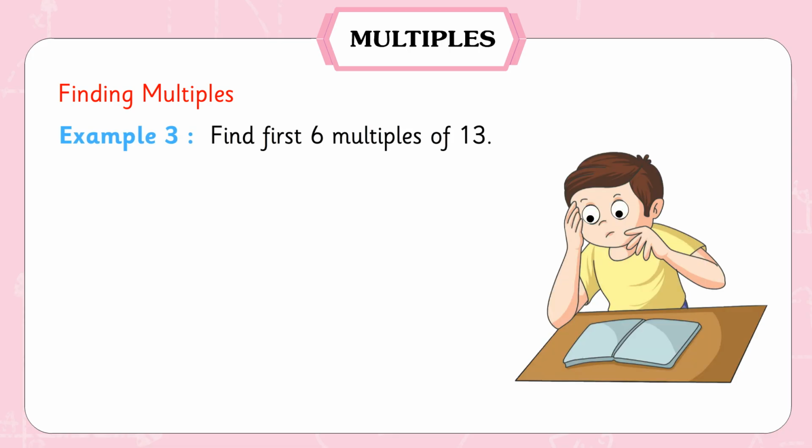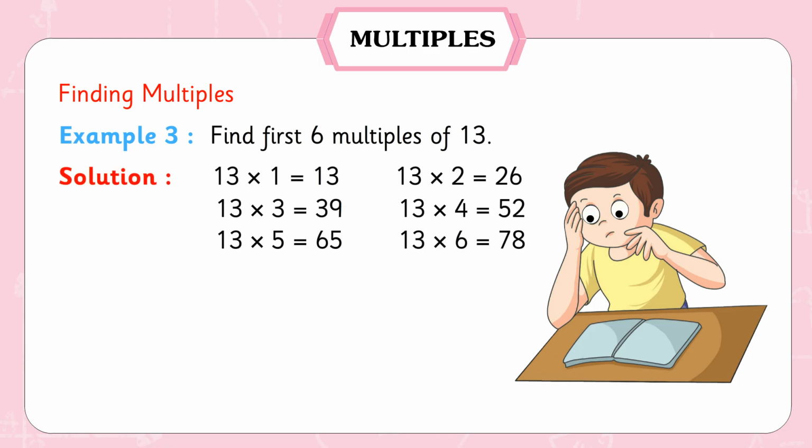Example 3: Find the first 6 multiples of 13. Solution: 13 into 1 is equal to 13. 13 into 2 is equal to 26. 13 into 3 is equal to 39. 13 into 4 is equal to 52. 13 into 5 is equal to 65. 13 into 6 is equal to 78.